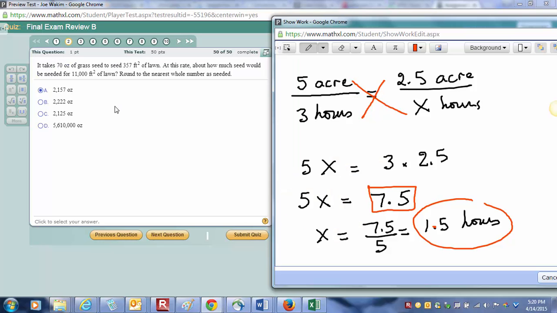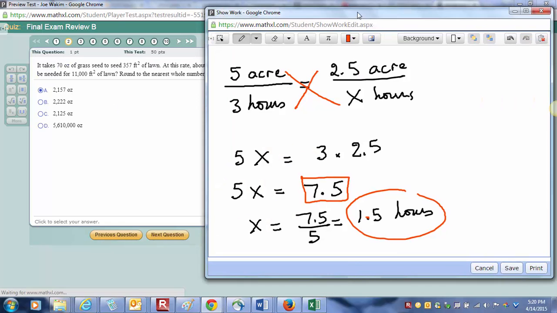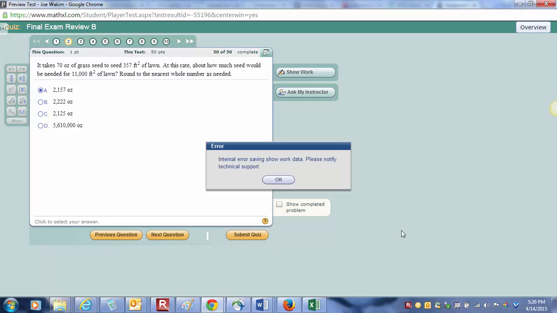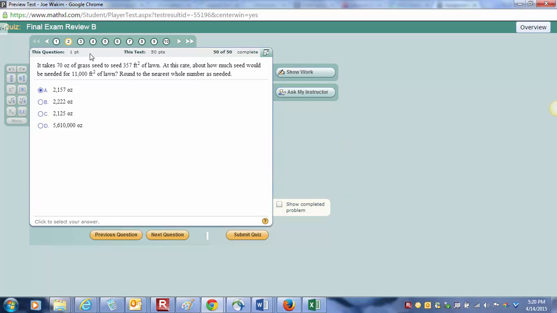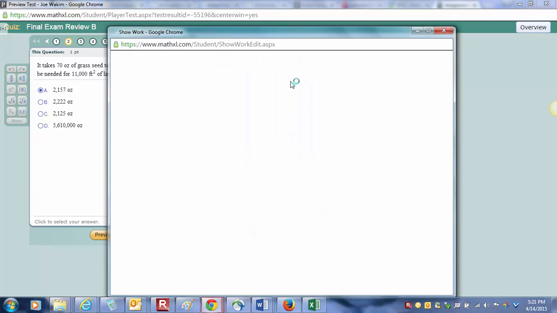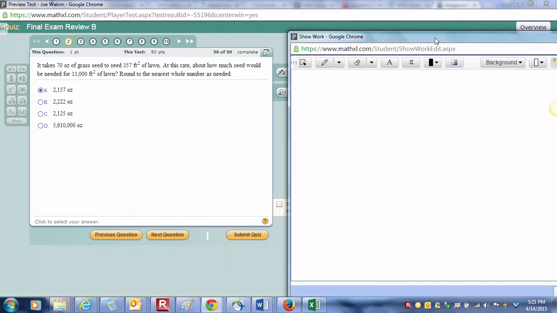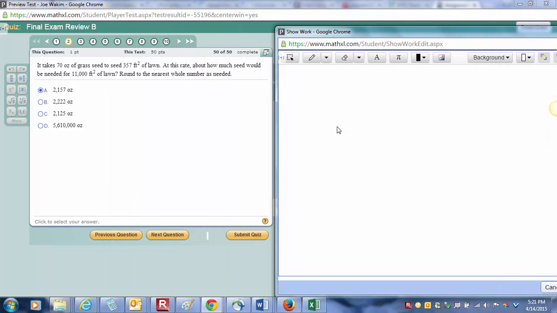On number 2, I have to do the second problem here. And I have also 70 ounces of grass. So I can do the same thing here.